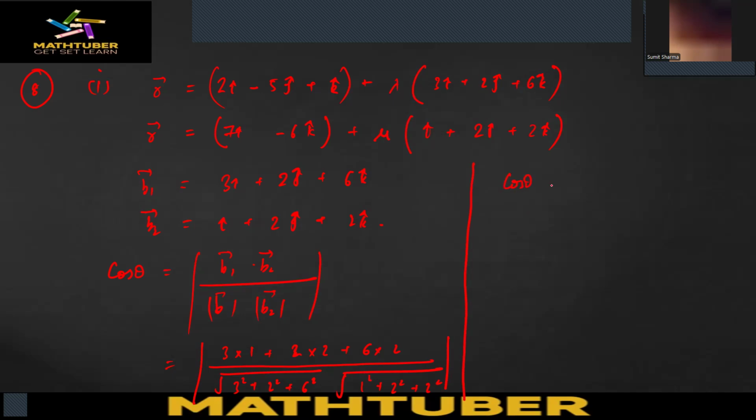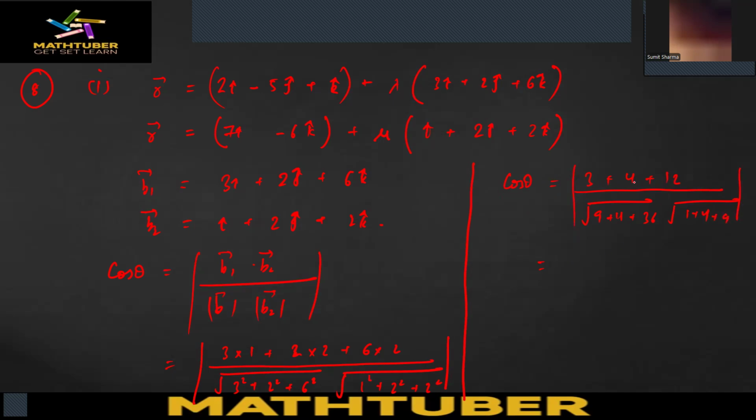So cos theta will be equal to 3 plus 4 plus 12 divided by 9 plus 4 plus 36 into 1 plus 4 plus 4.